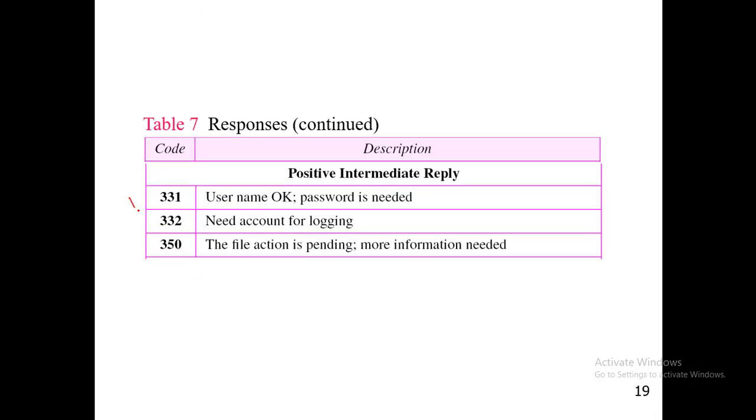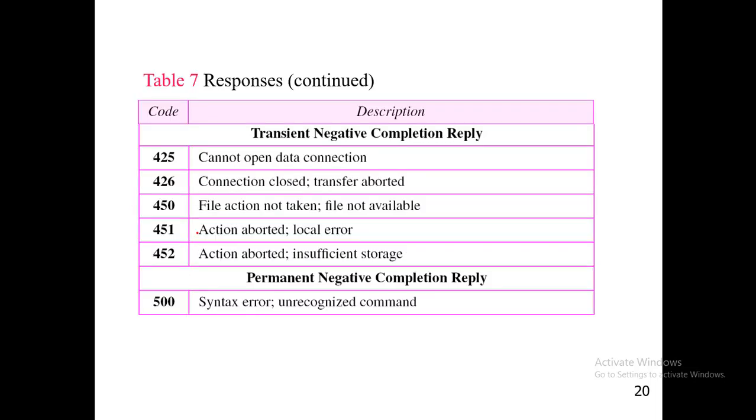Yes, there is 331. That's it. So this 426, connection is closed, transfer aborted. And there are many examples as well. There are many codes, so do not worry about memorizing them all. Just memorize 2 or 3 or 4 important ones.